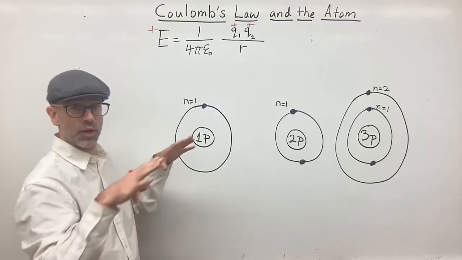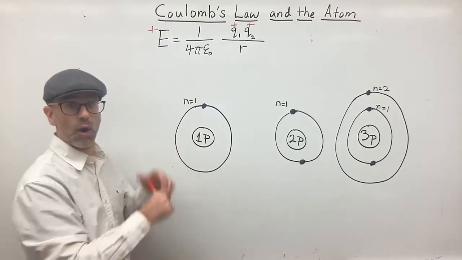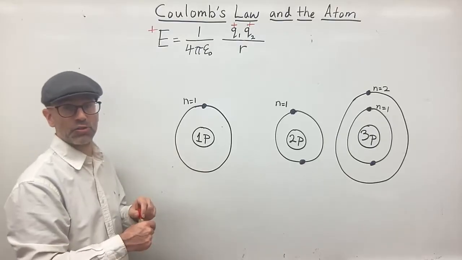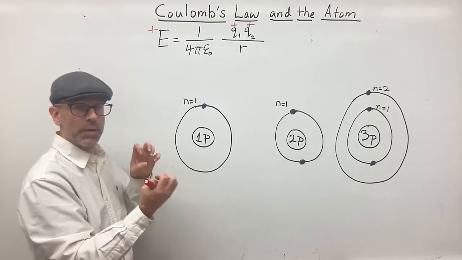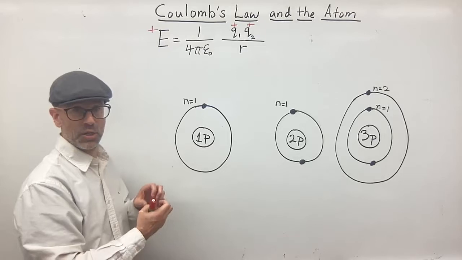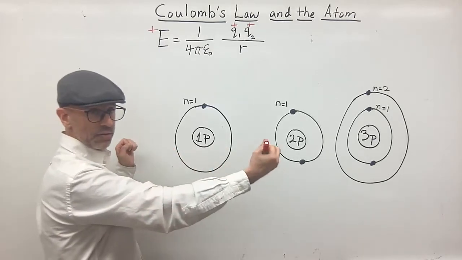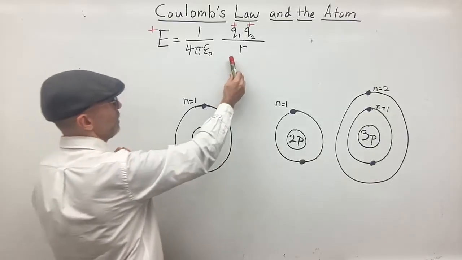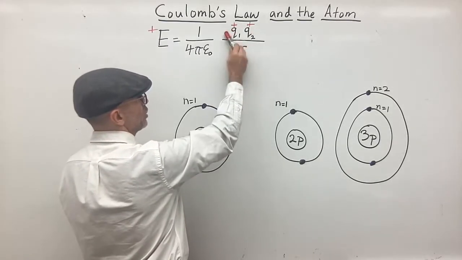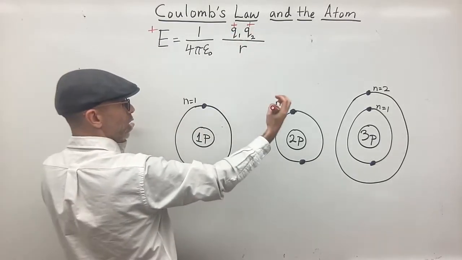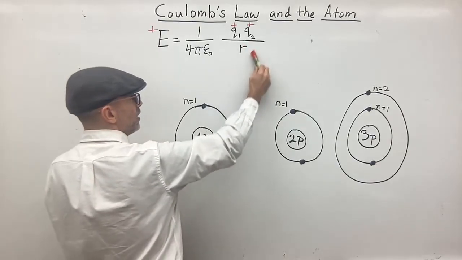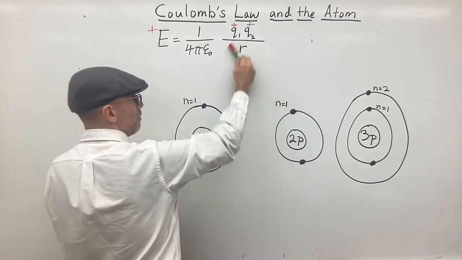The system wants to go to low potential energy. So what are the charged particles going to want to do? They're going to want to repel and get away from each other, right? So getting away from each other lowers the potential energy. So if we make the distance between the like charges larger, then the denominator gets larger.